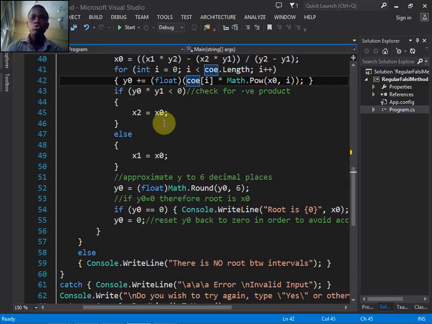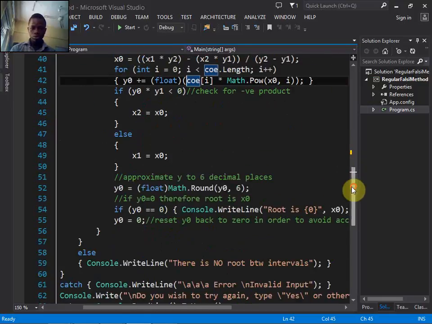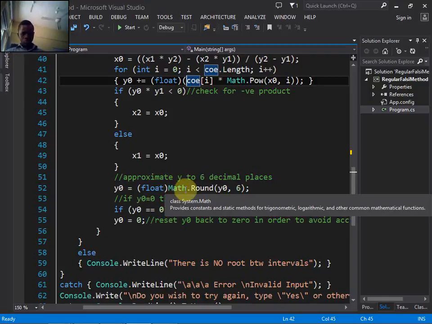If you have positive, negative, you remove the initial positive x1 and put x0 and x1, so your x2 becomes your x0. This is a while loop, so it comes back and does this. At this stage, the float is just to round it up to 6 decimal places, because you could be having 0, 0, 0, 0, 0, different values.